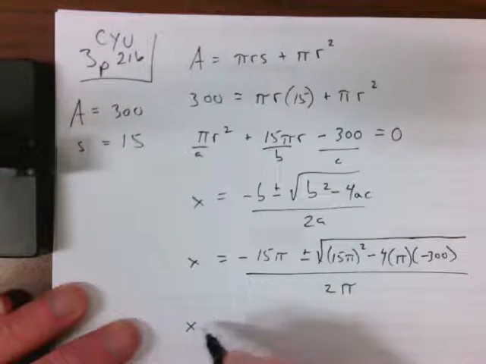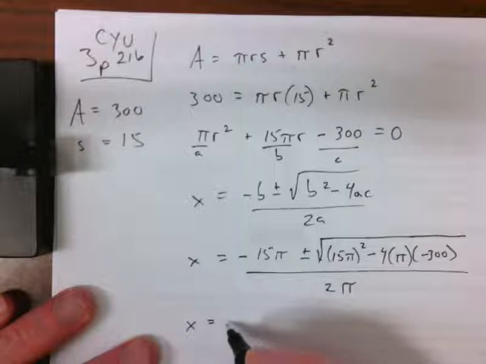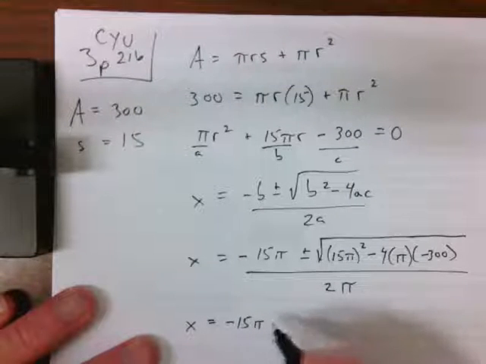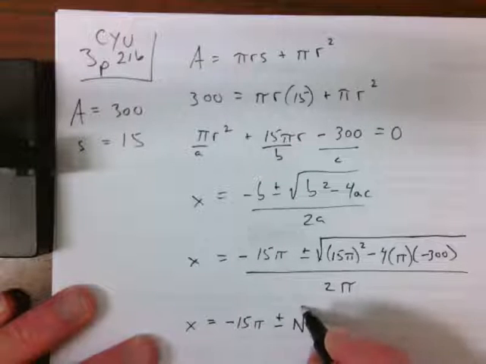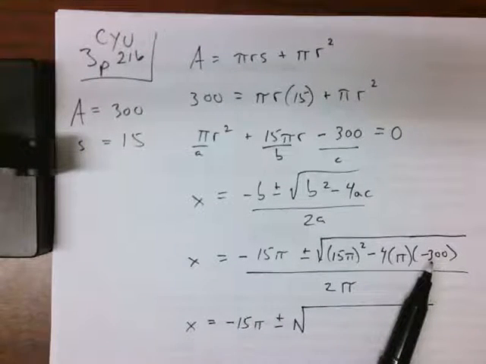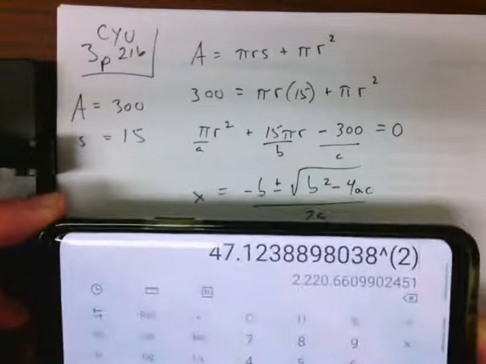So x equals negative, I'm going to still leave that as pi, negative 15 pi. I'm going to save that for a little bit. This nonsense I'm going to have to deal with. Plus or minus the root of, so 15 pi squared. Where's my calculator? So 15 times pi is 47 blah blah blah squared. Oh, you can't see it, but it's there.